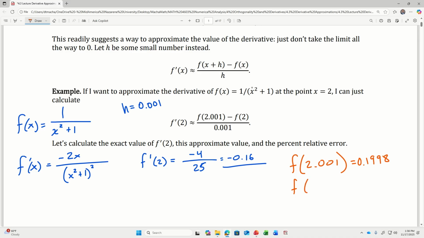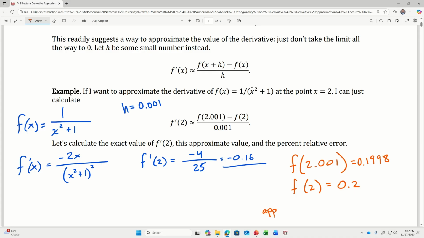And I would need f of 2, which is 0.2. And then I would have to subtract these and divide by 0.001. So that number minus 0.2 divided by 0.001.